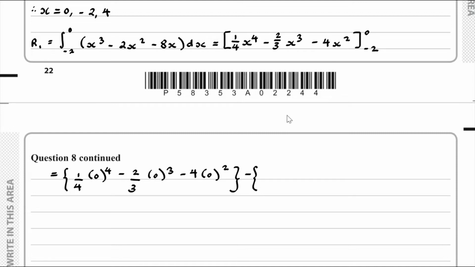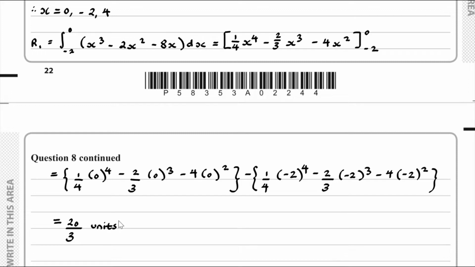For our lower limit, we have 1/4 of (-2)⁴ minus 2/3 of (-2)³ minus 4 of (-2)². And if we work all this out, indeed we do get 20/3 units squared.